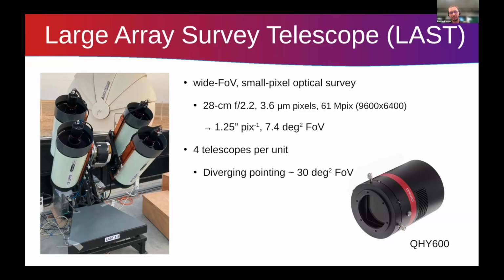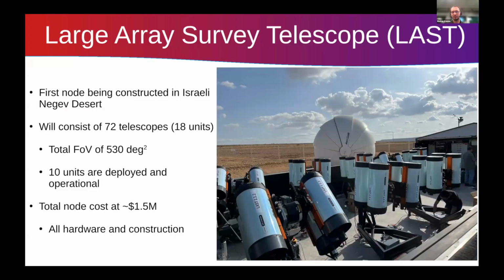Now we can take one such telescope, take it 4 times, put them in a mount, point them in a divergent manner, and we have a field of view of about 30 square degrees. And now, of course, what we can do is take many of such mounts and put them together on one site. So this is the first node of LAST.